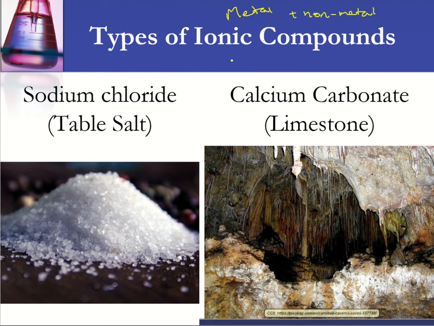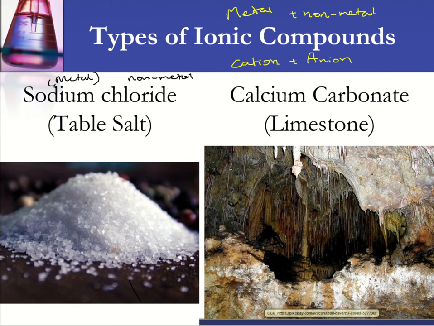The more accurate definition is actually that it's a bond between a cation plus an anion. So that's what you're looking at here. In this case, sodium is our metal, or our cation, and chloride is our non-metal. You can see that the naming is slightly different as well.